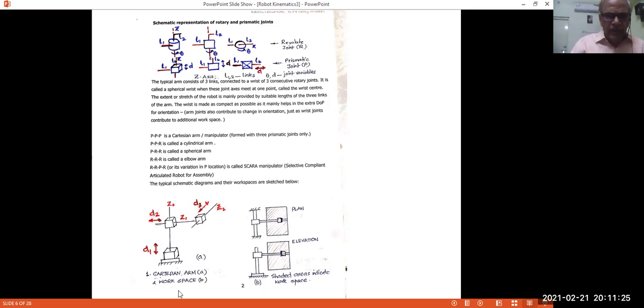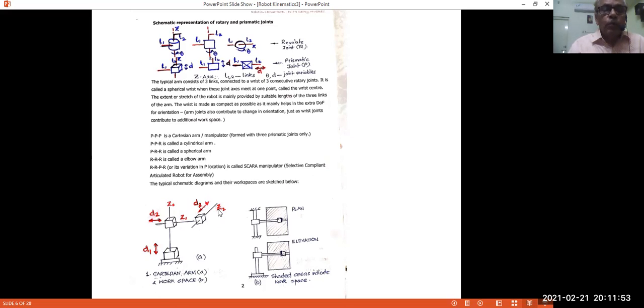For example, this is a Cartesian arm. It has three consecutive prismatic joints, and that means linear motion. This kind of motion is produced here, and this kind of motion, and this kind of motion. It is called a Cartesian arm, and we call it PPP, prismatic.